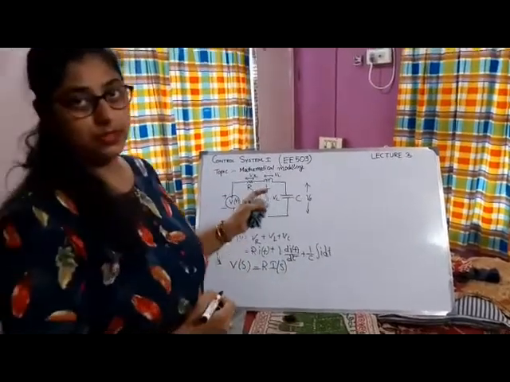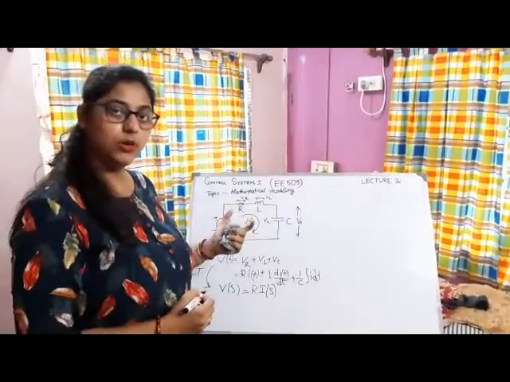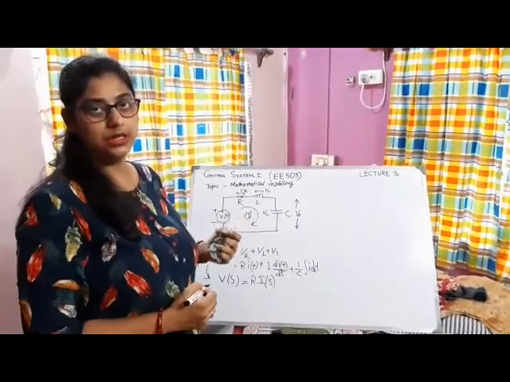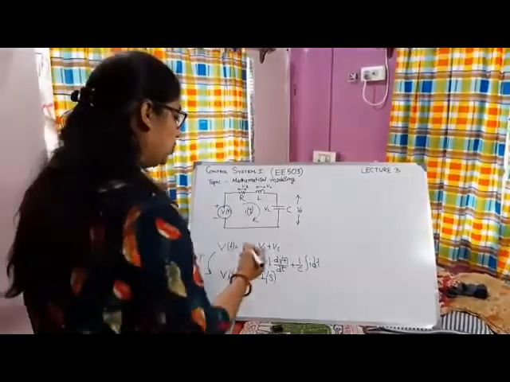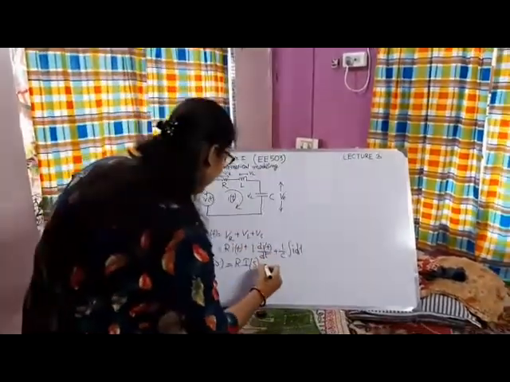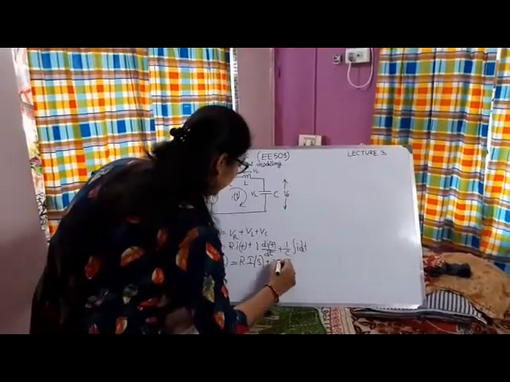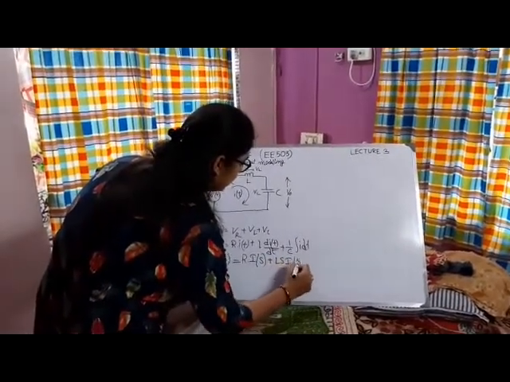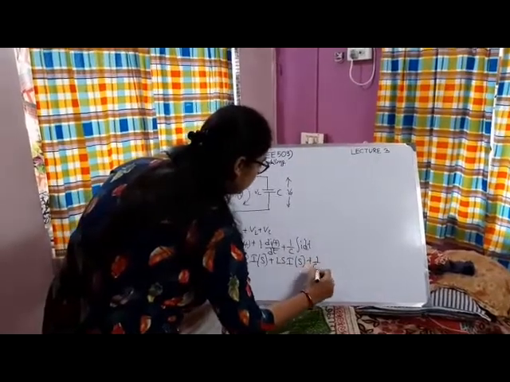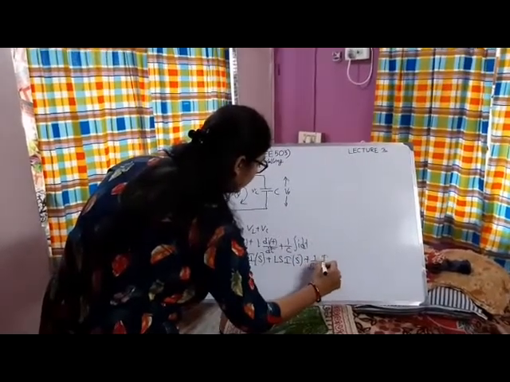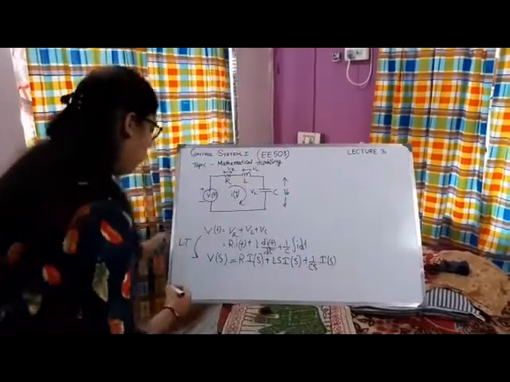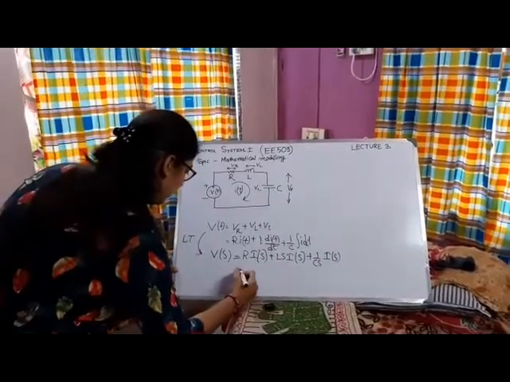As it is a transfer function model, we always consider the initial conditions to be 0, so we are neglecting the i(0) values, plus L s I(s) plus 1 by Cs into I(s). Or we can write this equation like this.